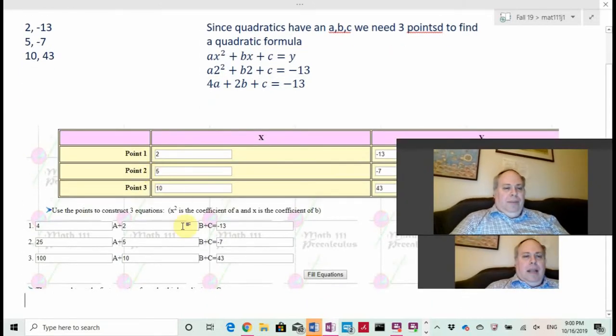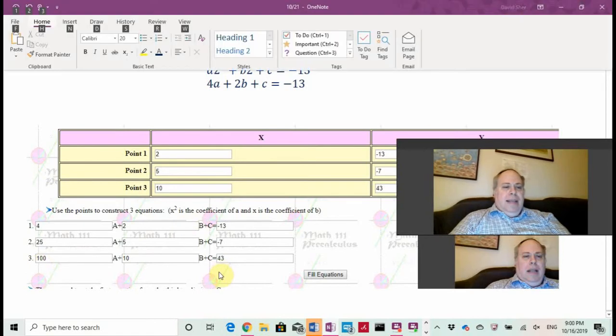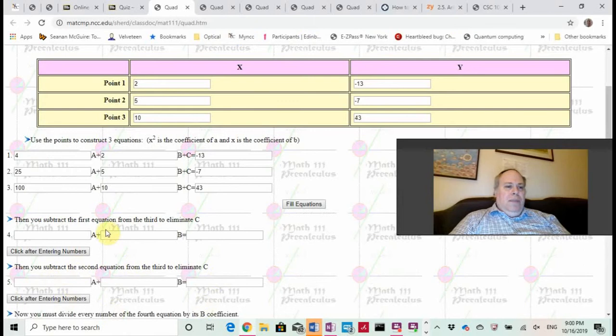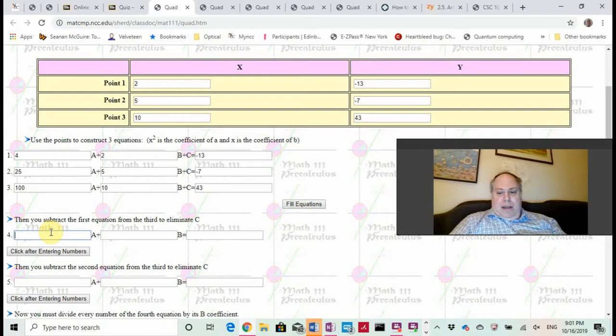Now that we've got all of that in, the next step is to subtract the first, that's equation 1, from the third, that's equation 3. When we take 100a minus 4a, it's going to have 96 a's.